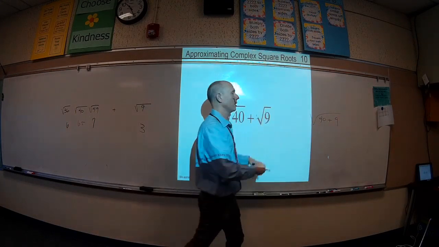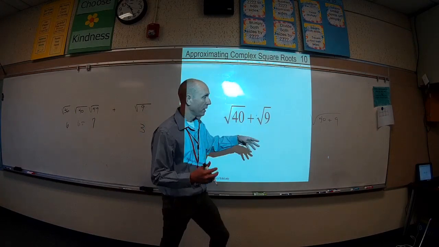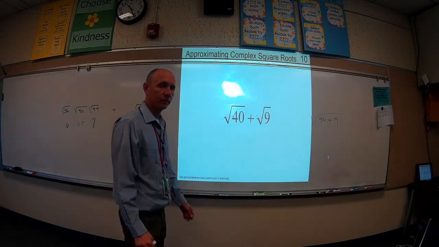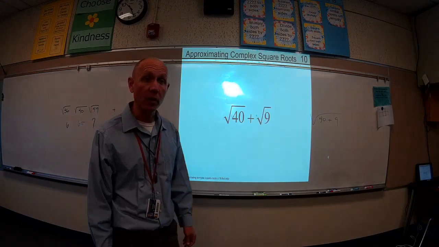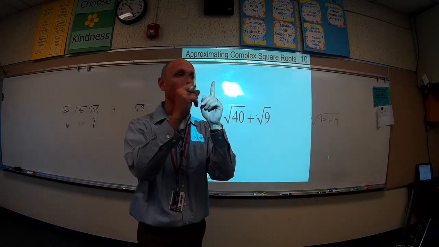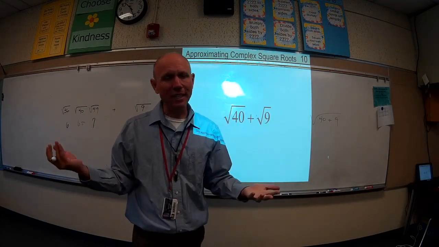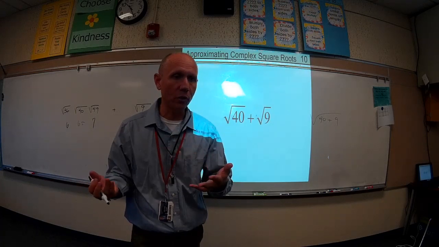Those are kind of the two ways that problems are going to come to us. Here, we estimate, then add. Here, we add and then estimate. Yes. But once your answers are done, will it always be kind of close to the same answer? It will be close. On tonight's homework, I'm going to give you a range of values, and if you're in that range, you know you got it right. Because it's estimating. So maybe your answer is 6.3, and I said 6.2. We're both right.